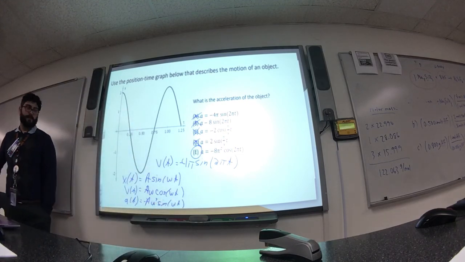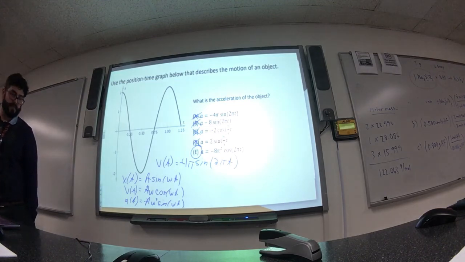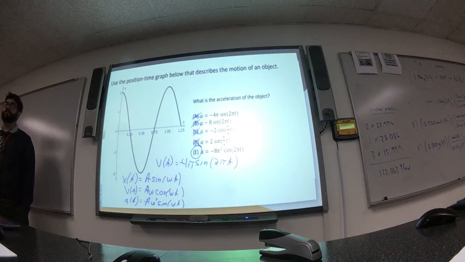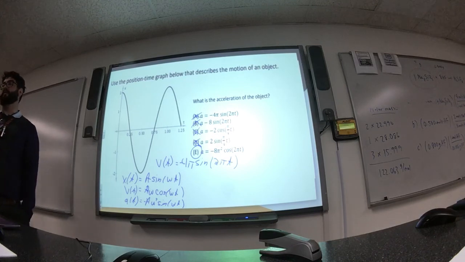So if you remember our standard form for position, velocity, and acceleration, you'll see that the coefficient in front keeps getting bigger and bigger by an order of magnitude every time.